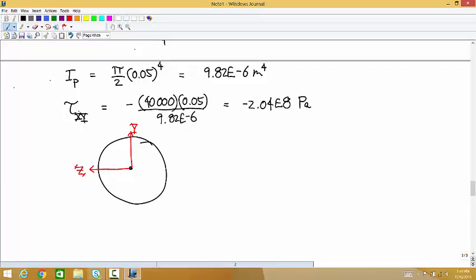So this tau capital XY is equal to tau lowercase xy. So the stress tensor at A is just equal to 0, negative 2.04 times 10 to the 8th, 0, negative 2.04 times 10 to the 8th, zeros everywhere else.